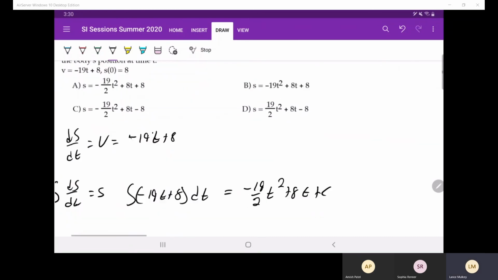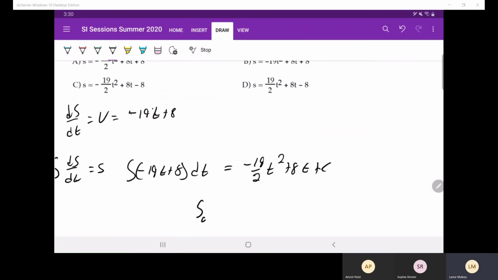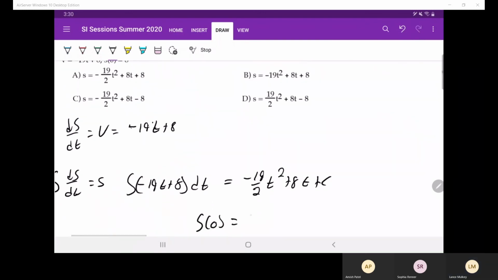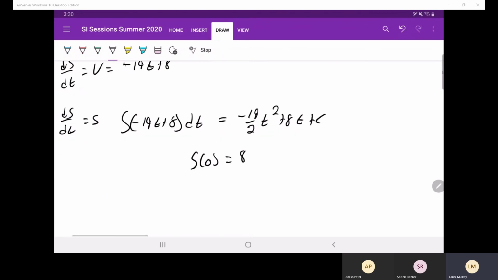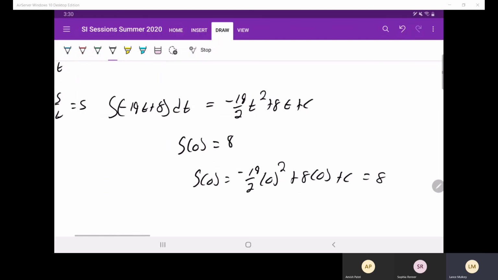And now we have s of 0 equals 8. So s of 0 equals negative 19 over 2 times 0 squared plus 8 times 0 plus c equals 8.